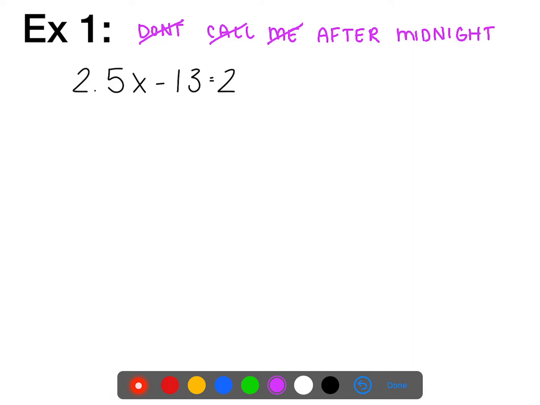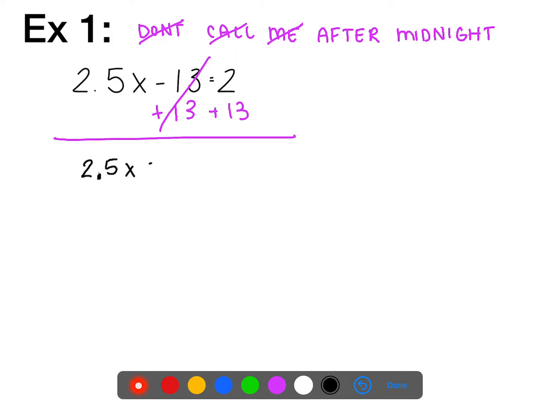So all I have to do is add or subtract and then multiply or divide. So the first thing I want to do is decide, do I add or subtract? We know, because we're professional at two-step equations, that we add, right? Which leaves me with 2.5x equals 15. So now I've completed the after step.